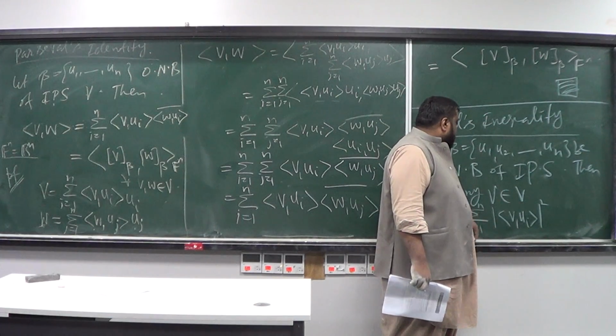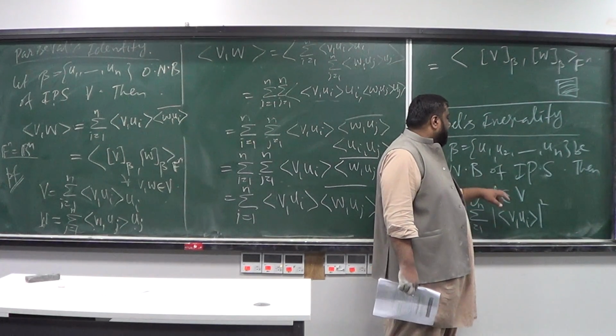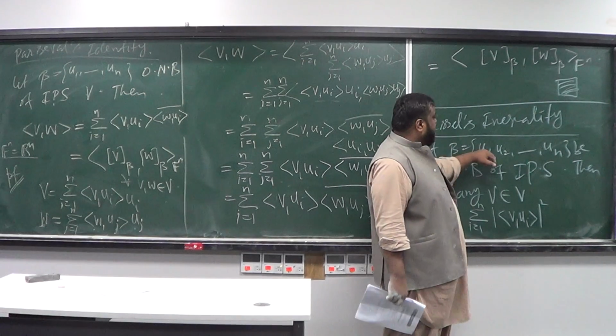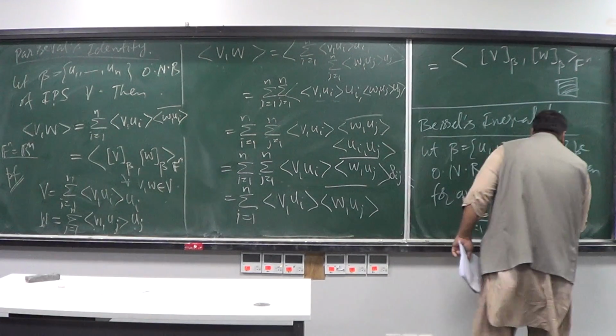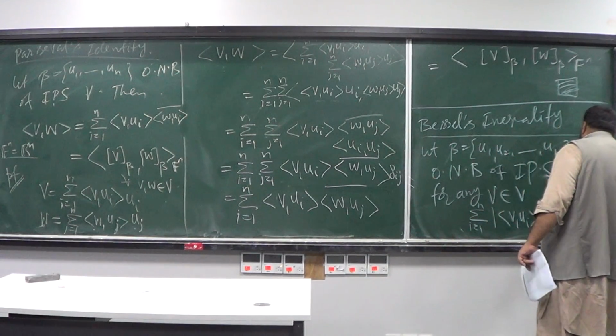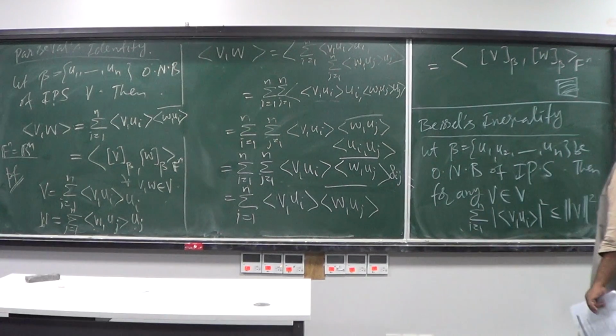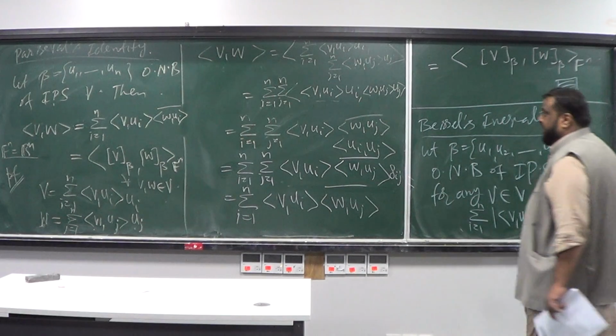So the sum of the squares of the coordinates of v in the basis beta can be estimated by the norm of v squared. So this is what Bessel's inequality is.